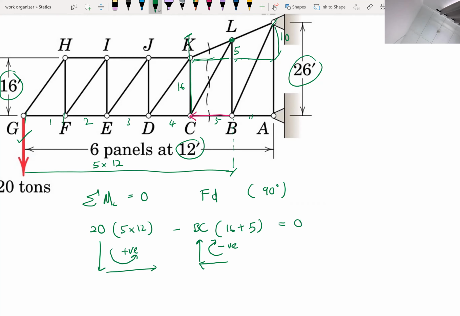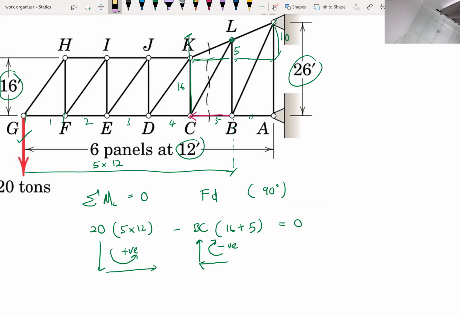Why don't we calculate CL and KL? Because they are in the same direction as the moment at L, so no need. We just focus on this one.